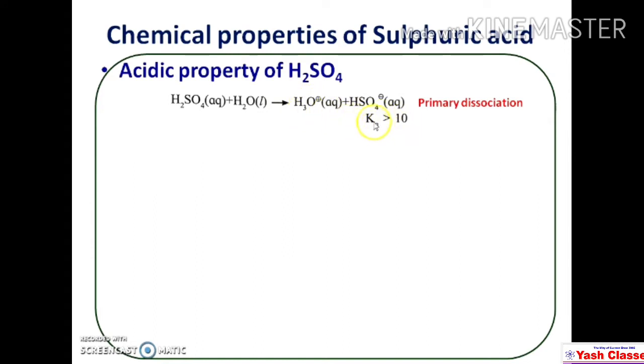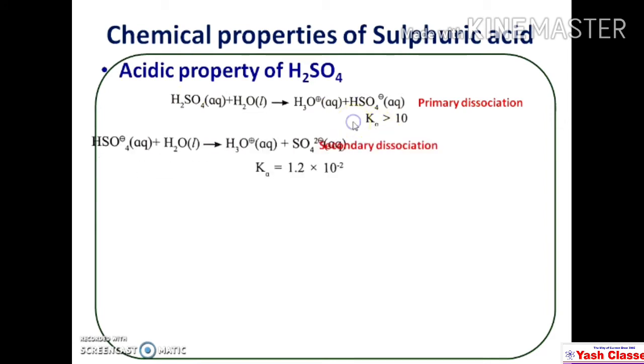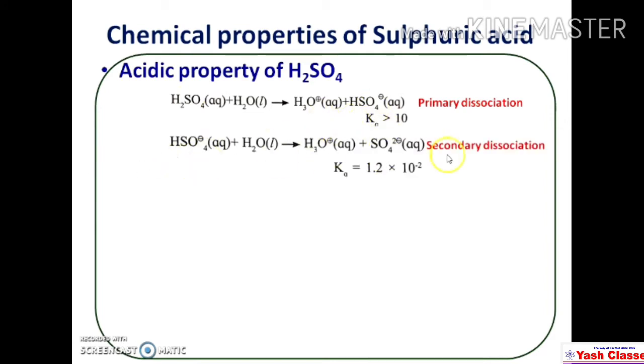So the dissociation constant for this reaction is greater than 10, and therefore sulfuric acid is a very strong acid. You know that the greater the value of K, the greater is the acidity. Now this is the secondary dissociation. This HSO4 minus, which is formed in step 1, further dissociates in water.